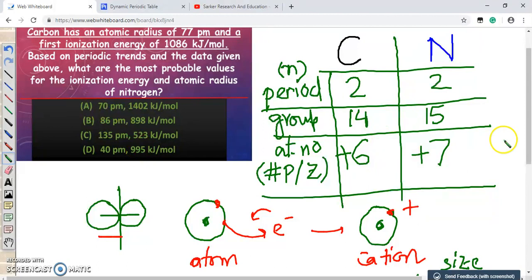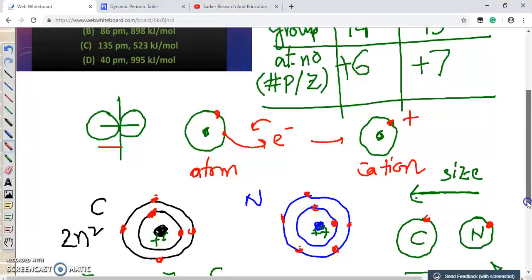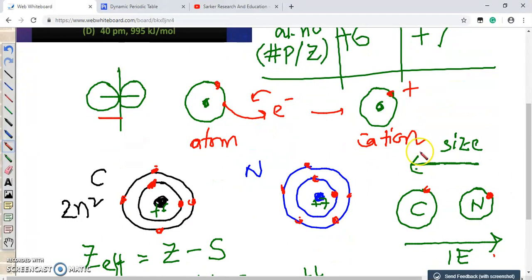So only answer choice A is what we are looking for: nitrogen has a lesser atomic radius and a greater ionization energy, as we have explained and seen here, that the size increases here and the ionization energy increases here.